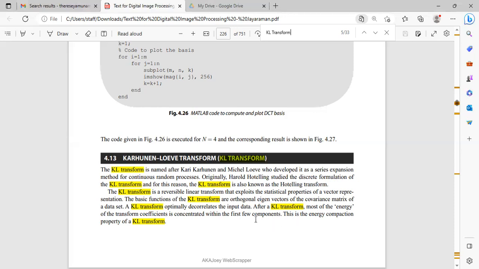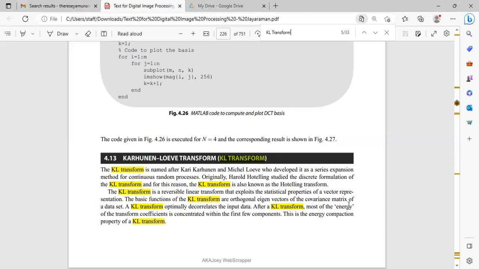Okay. Then KL transform optimally decorrelates the input data. What do you mean by decorrelates the input data? So KL transform has its axis in the direction of the maximum variance of the data.